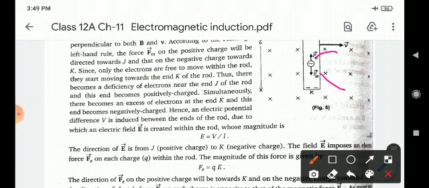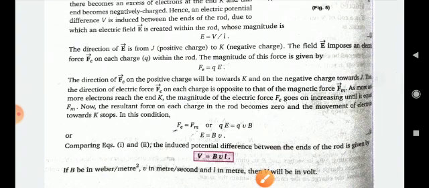Action and reaction forces are applicable here because plus charge moves to negative and minus charge moves to plus. The direction of Fe on the positive charge will be towards K and on the negative charge towards J. Thus, the direction of electric force Fe on each charge is opposite to the magnetic force Fm.